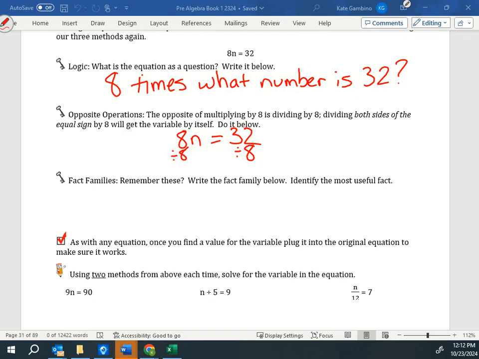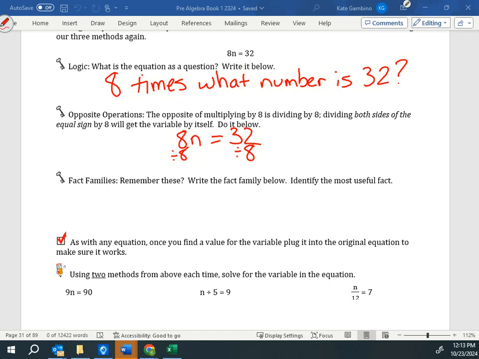So I always put it underneath the numbers. Just like with the order of operations, this is the one I will be a stickler on. Do it this way. Every year I have kids who think they know better than me. Every year I have kids that say, I can do it this way, Mrs. Gambino. It's fine.